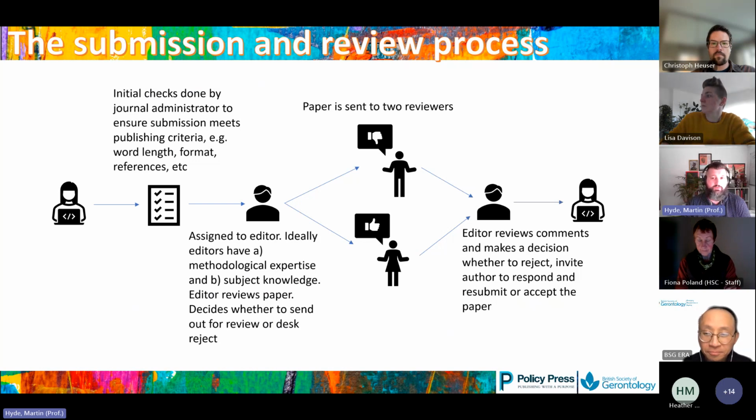So I thought I'd sketch this out so we can see the importance of the role of the editor at the crucial stages in the review and submission process. And to get you thinking that whilst obviously you want to be writing good papers in and of themselves, making sure that you address the needs of the editor is also really important in terms of getting your paper successfully through the process.